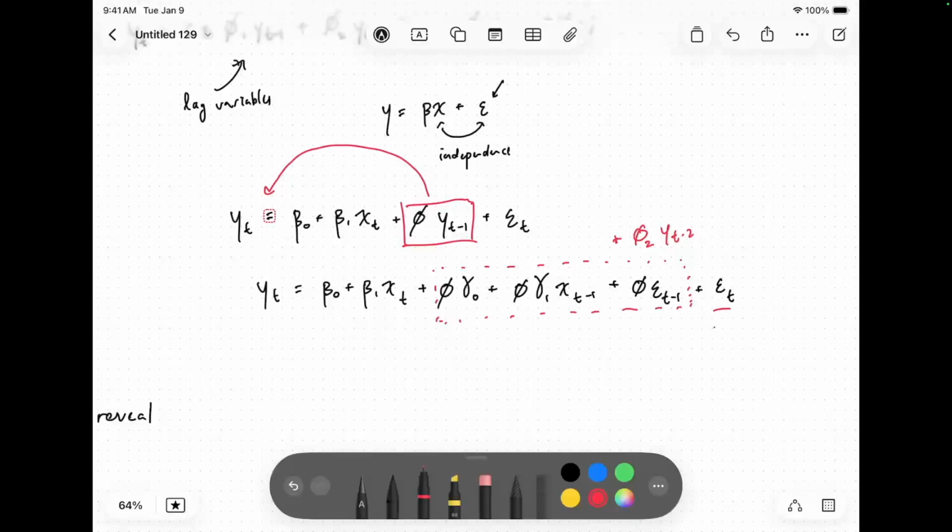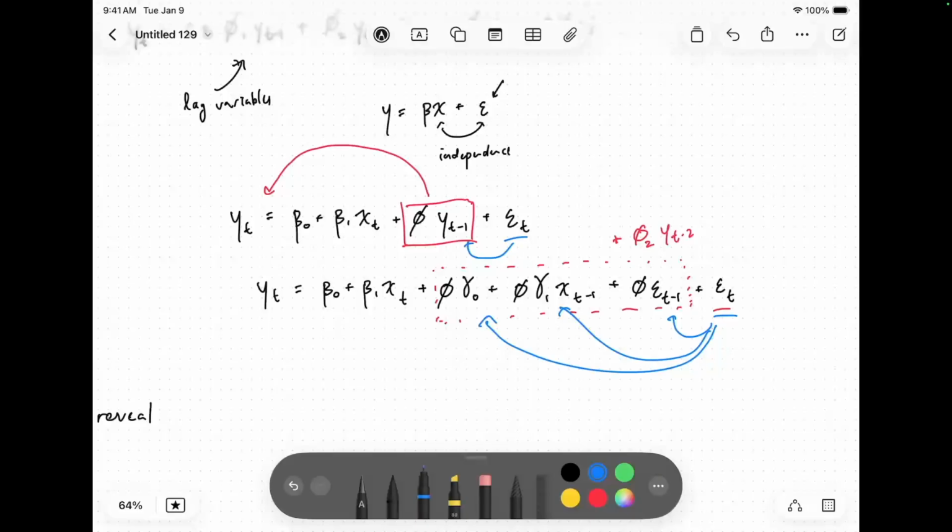If this term were related to this, that means that you have this compounding problem that really gets magnified. And so the endogeneity issue in these autoregressive models becomes extra important to deal with.